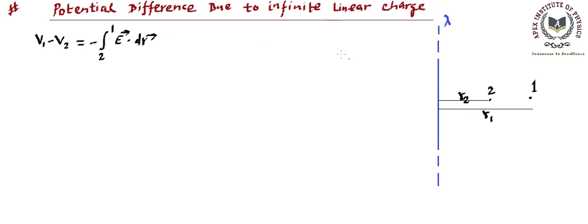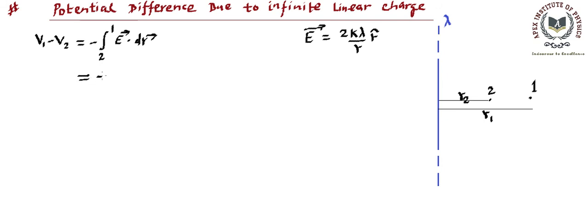We know in the case of a linear charge distribution, the field formula is twice k lambda upon r, and we also know this field is in the r direction, that means radial direction, so we can call it r cap.